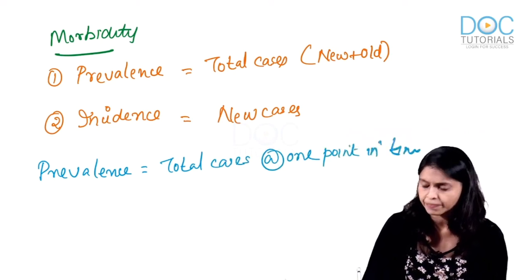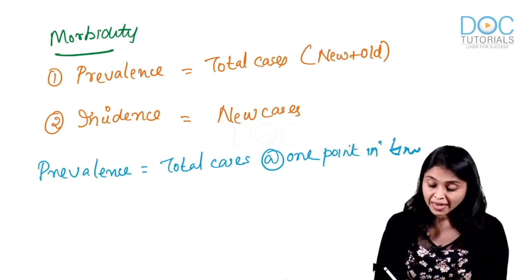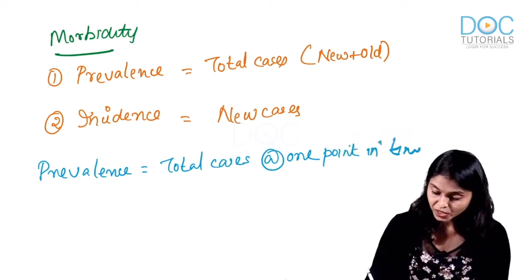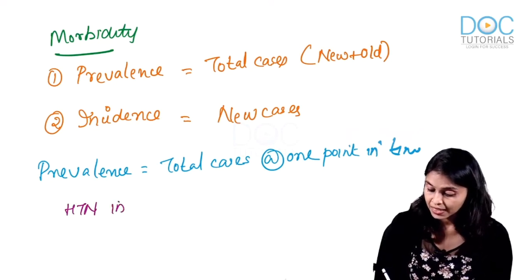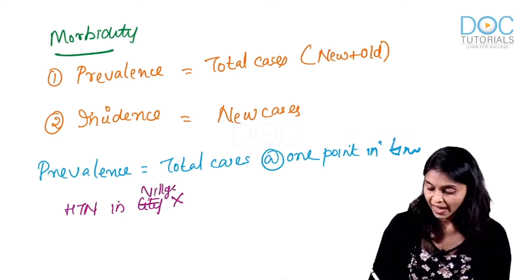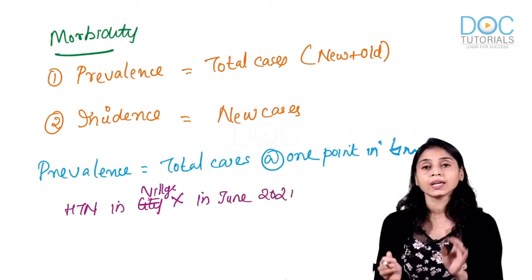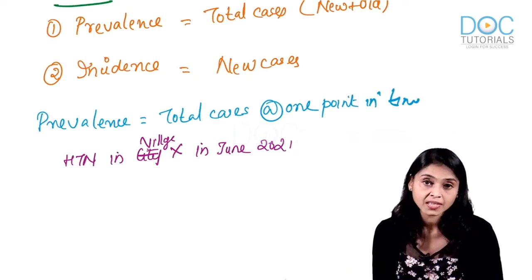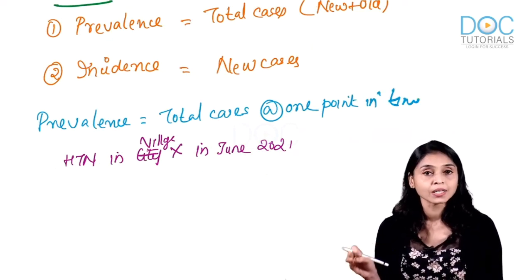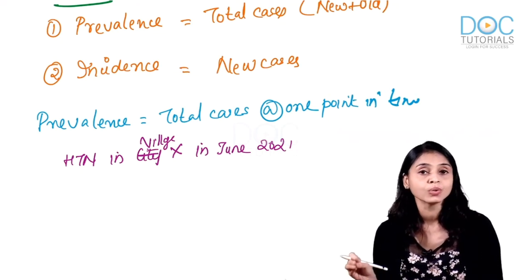For example, suppose I want to know the number of hypertensive patients in city X or village X, in June 2021. I want to know the prevalence, or the number of hypertensive cases in village X in June 2021.